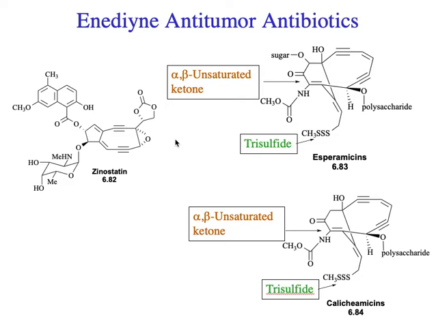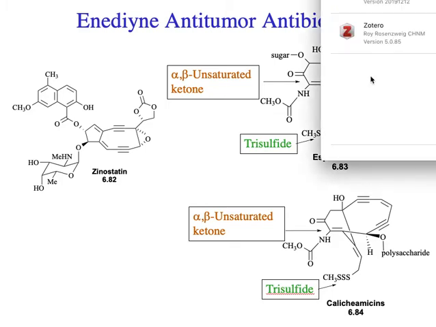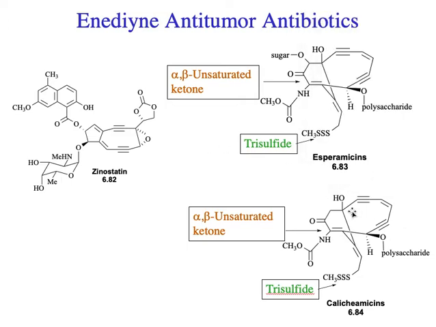And so these are warhead antibiotics. What you see there is an ene, so it's an alkene, and two ynes, so it's two triple bonds. And this is going to be the warhead that's going to covalently cross-link to DNA.